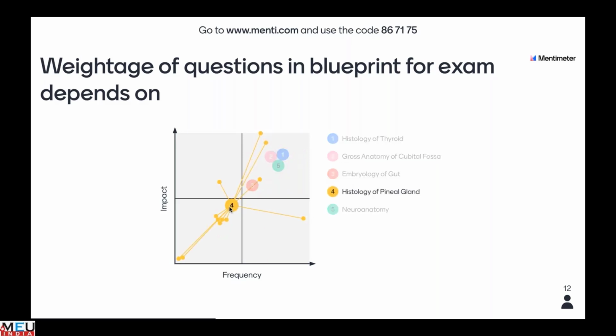If I click these individual dots, it even shows the different values. Some of you have even said that the histology of pineal gland is both high impact and high frequency, but the majority of you think that it is low impact and low frequency. This point is the average of all the 10 people who have replied.